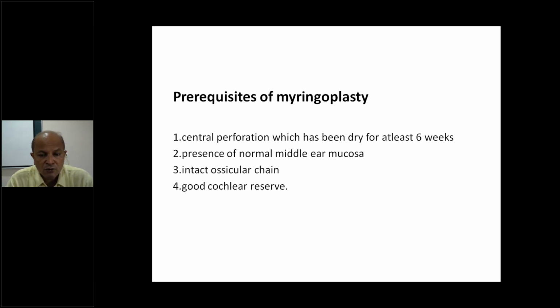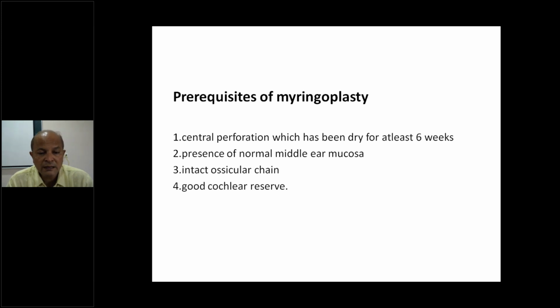If there is a closure of the air-bone gap of around 10 decibel, then you take it that the ossicular chain is intact. And if the air-bone gap doesn't close even though you patch the tympanic membrane, then definitely the ossicular chain is involved and there is some erosion.